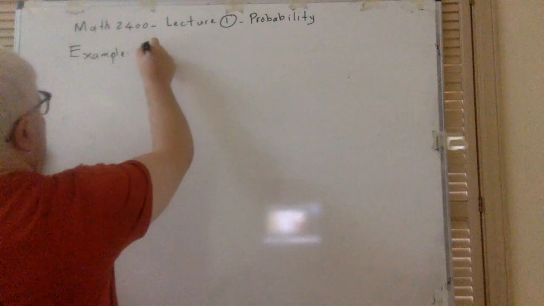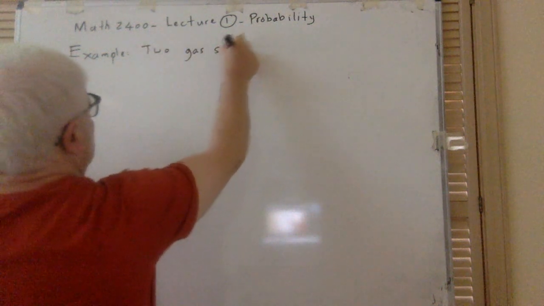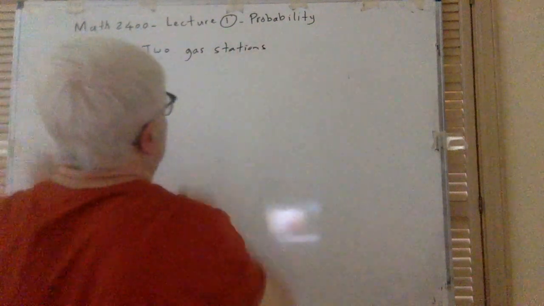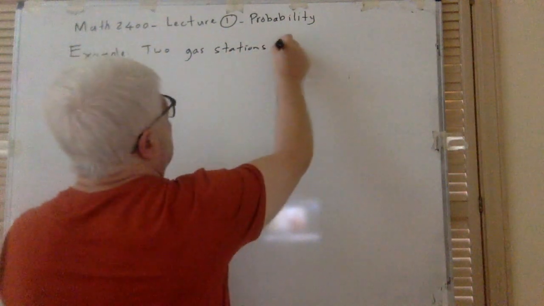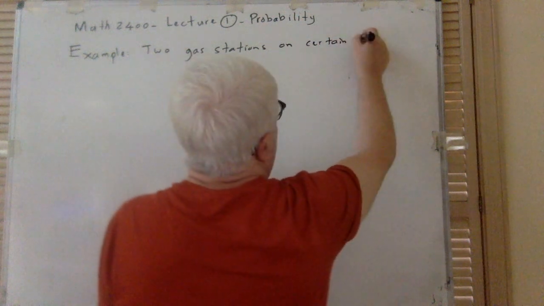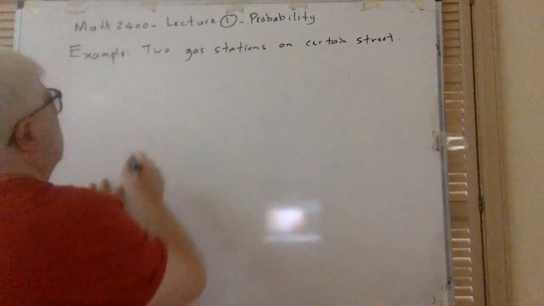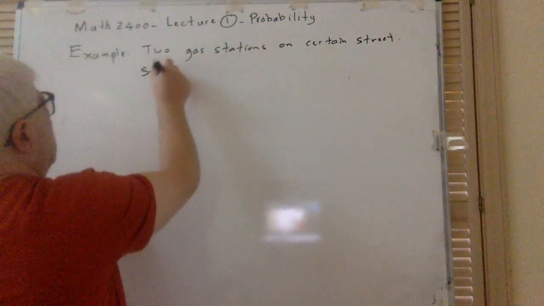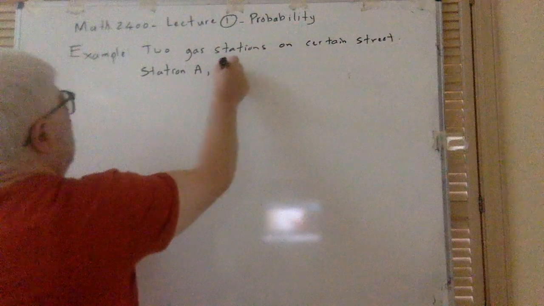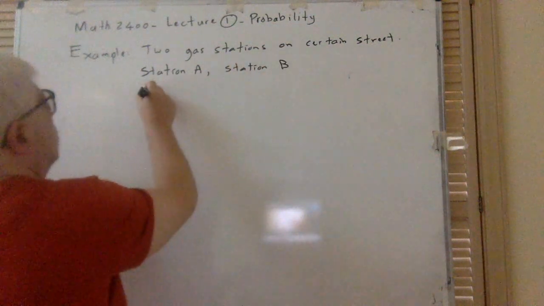So suppose there are two gas stations on a certain street. We have station A and station B. Each has 4 pumps.